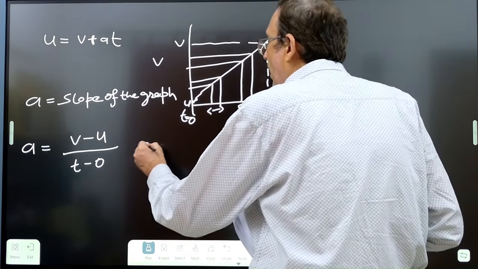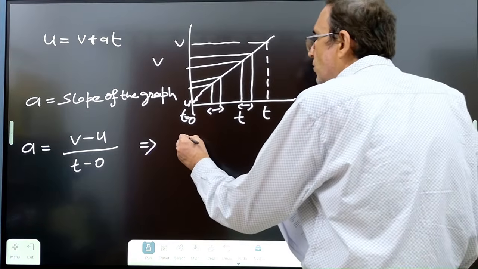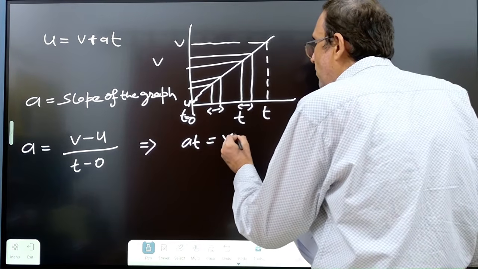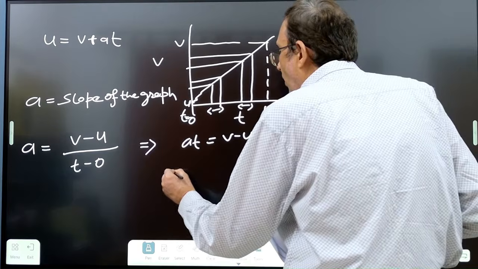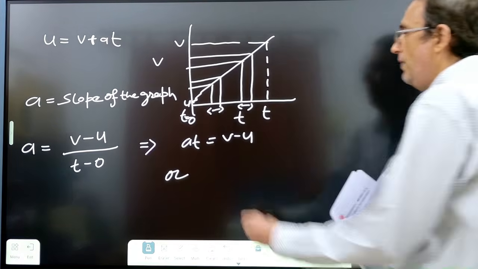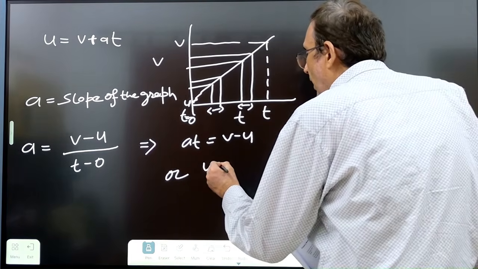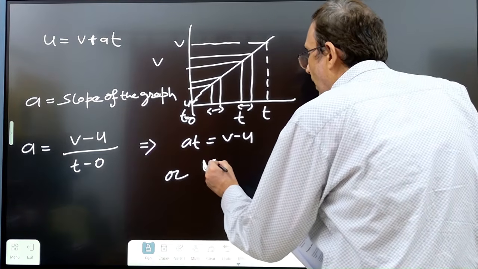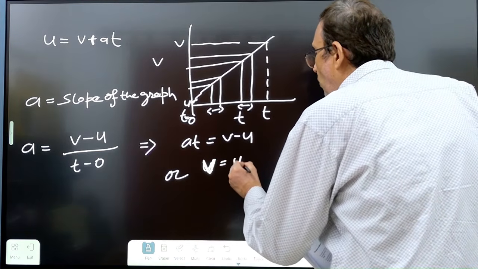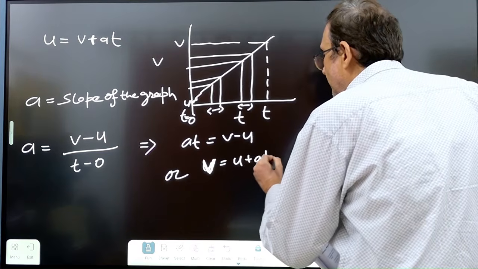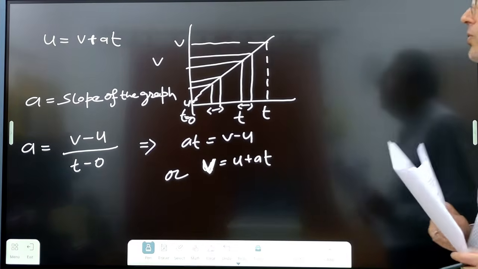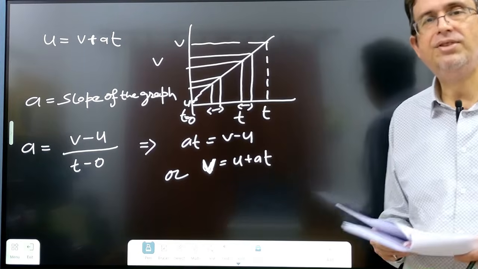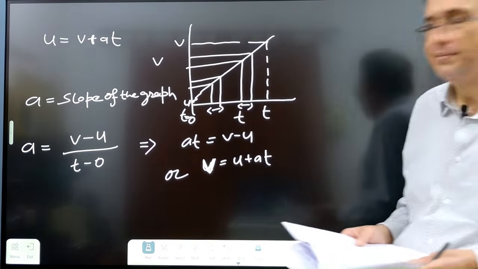So from here, if you simplify, at becomes equal to v minus u, or if you rearrange, v is equal to u plus at. So have you understood this? This is how the first equation is derived graphically.